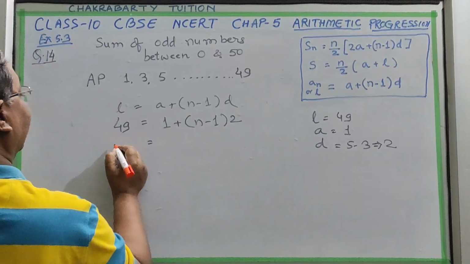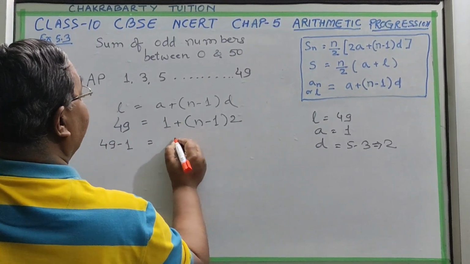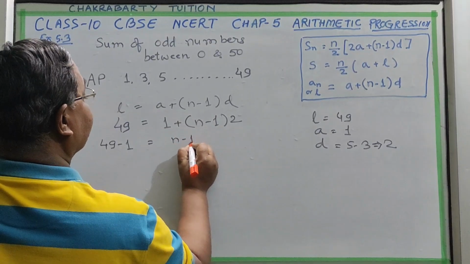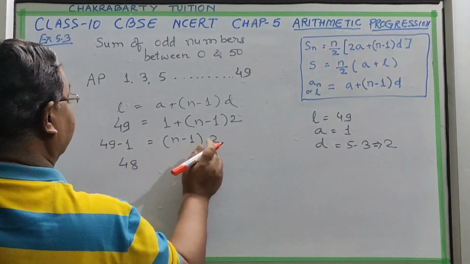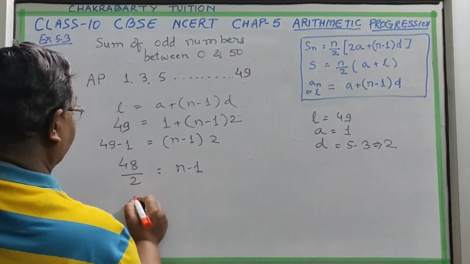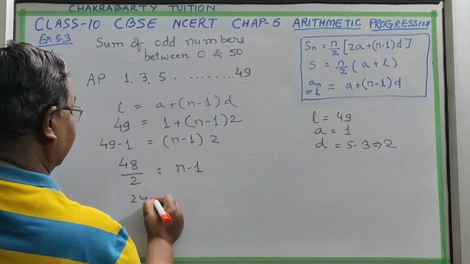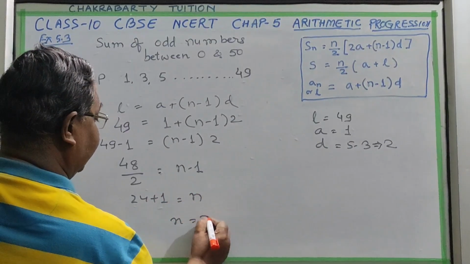So you take 1 to this side: 49 minus 1 is equal to (N minus 1) times 2. So it will become 48. You take 2 to this side, so 24 is N minus 1. Take this 1 to the other side. So N is equal to 25.